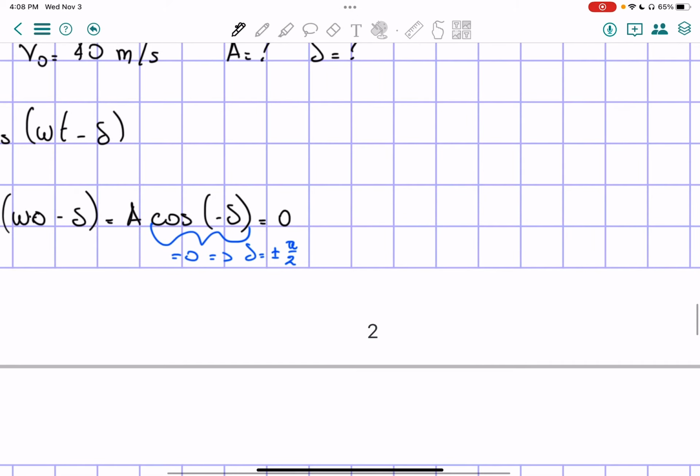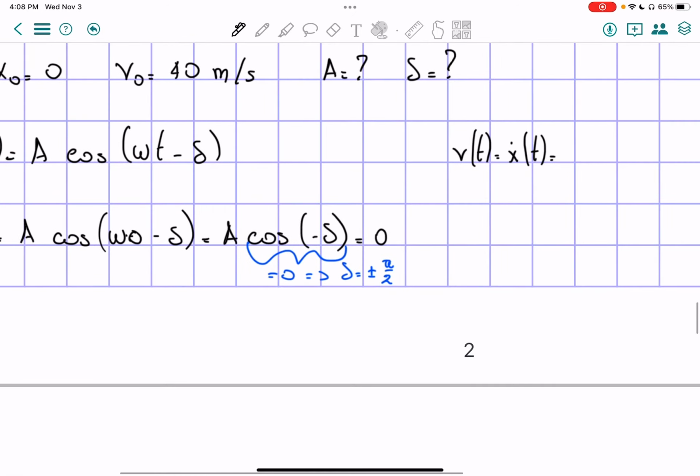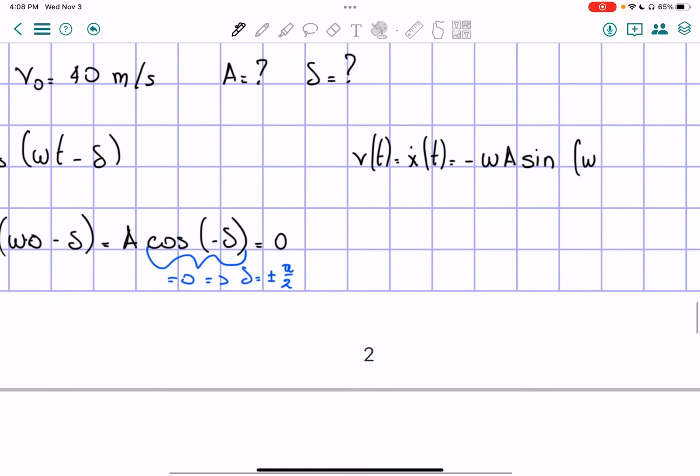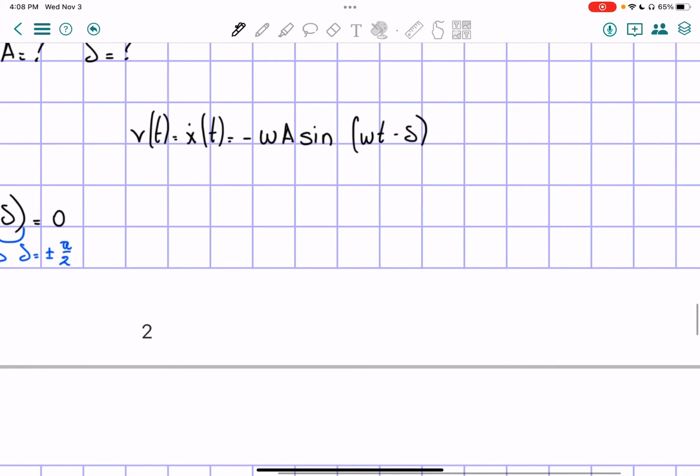Now, velocity, in terms of t, is going to be equal to x dot of t. So let's differentiate x: it's going to be equal to negative w A sine of w t minus the phase shift. And we said that x dot at 0 is equal to 40.